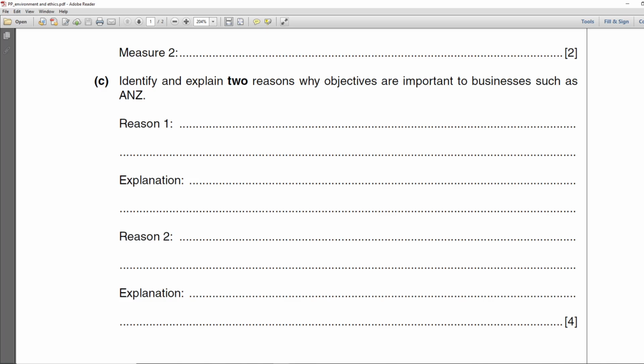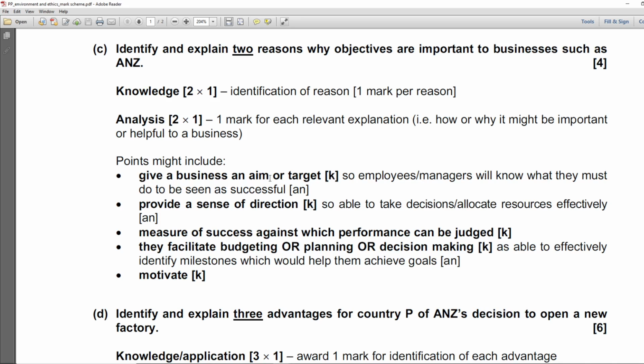So what's the difference between giving a business a target and direction? It's basically the same. I even ask myself why they would put two of them as two separate points. Aim and direction, what's the difference?